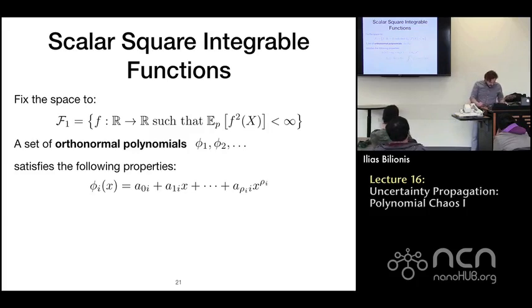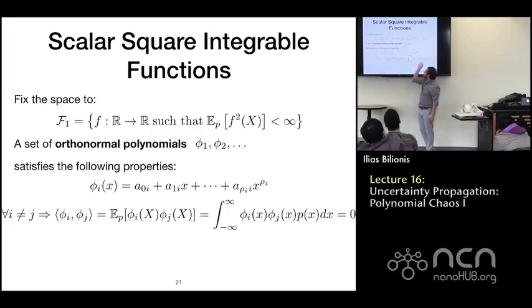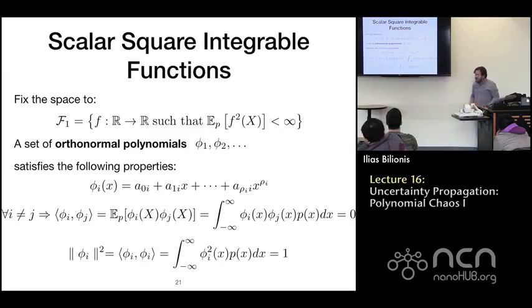The other property is that they should all be orthogonal to each other. So if you take the inner product of phi i with phi j you should get 0. This is the inner product we understand, this integral. And the other property is the normal part, that the norm of these functions is 1.